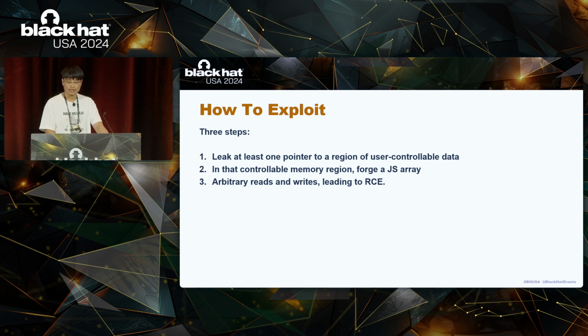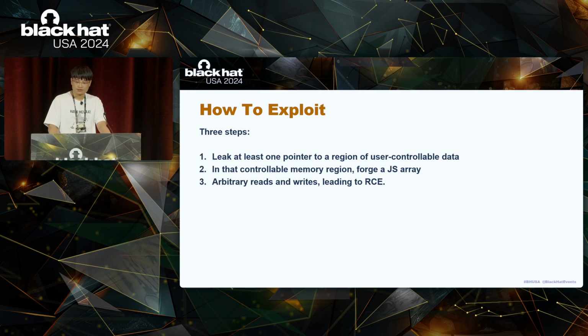When exploiting V8's vulnerabilities, one of the most common exploits is called fake objects. As the name suggests, if we can fake an actual memory-controllable object to make it a fake JS array, we can use this fake JS array to read and write to arbitrary addresses in the V8 heap, and thus achieve remote code execution.